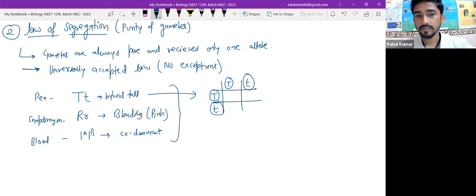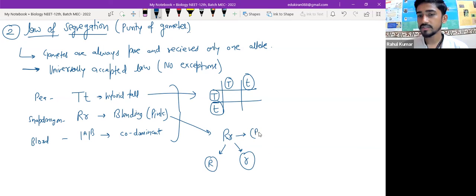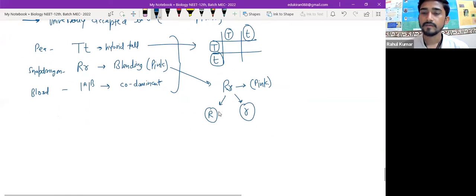Let me take an example of this one. Let's say capital R and small r, a plant is making gametes. So it will make either this or this as a gamete, right? When it was at this stage, it was forming pink flowers. Correct? Everyone understanding, Atif? Yes, sir.